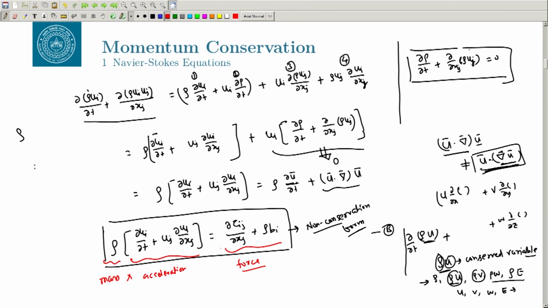So, that is why we do it per unit volume in fluid flows. So, it gives you the second law, which is basically mass into acceleration equal to net force, right.